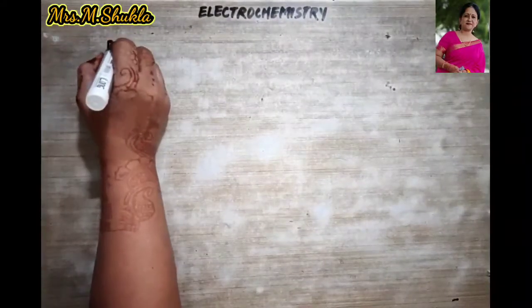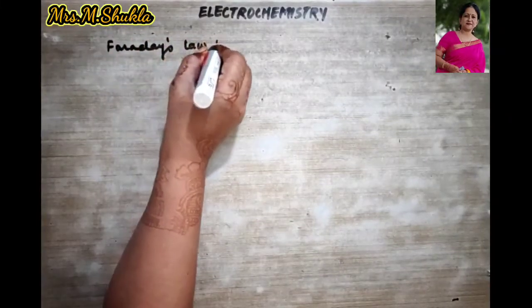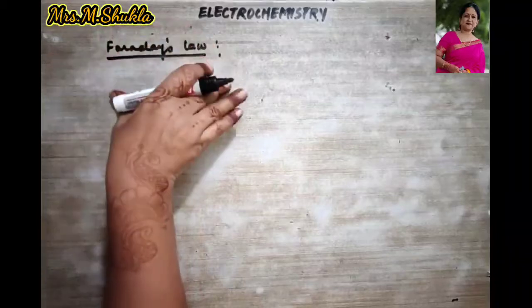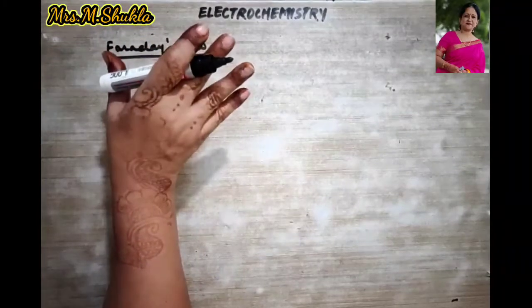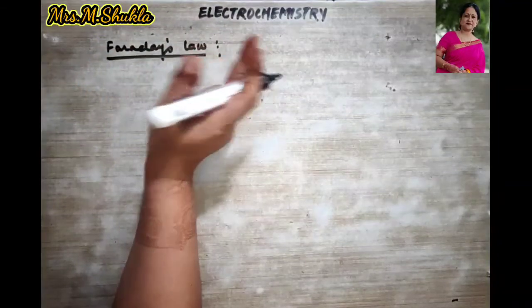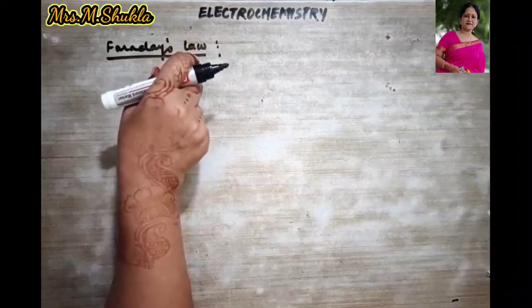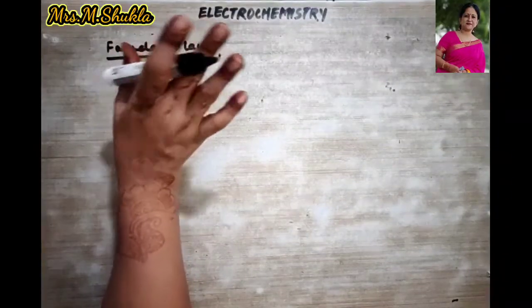Next we need to understand Faraday's law. So Michael Faraday, he established a relationship between the amount of product liberated at electrode and the quantity of electricity that is passed through the solution to carry out the process of electrolysis.